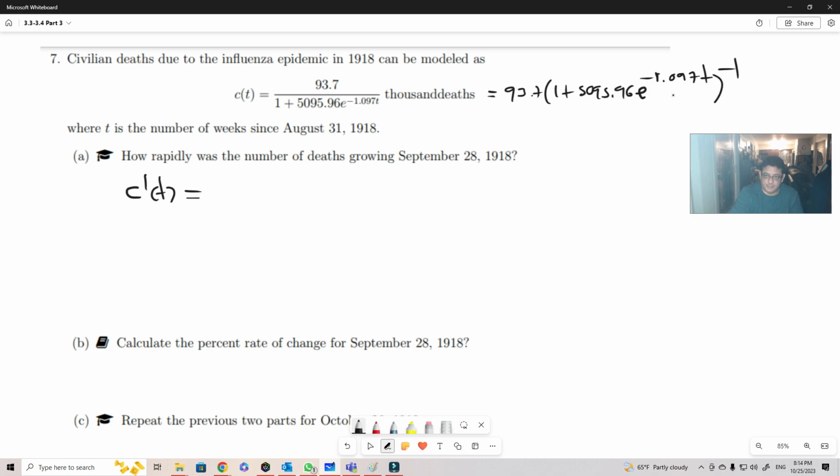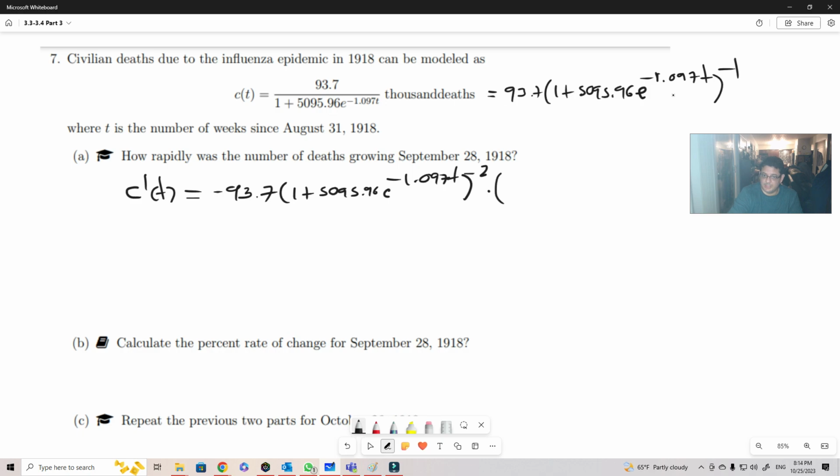Put the minus 1 down, and I get minus 93.7 times (1 plus 5095.96 e to the minus 1.097 t), and now this is going to be to the minus 2, since we're taking the derivative of the power. Once we're done with that, we take the derivative of whatever is inside. Notice that the 1 becomes a 0, but the exponential gives me down a minus 1.097 term.